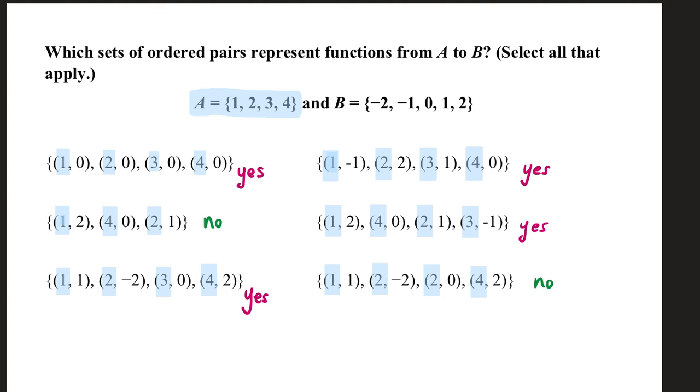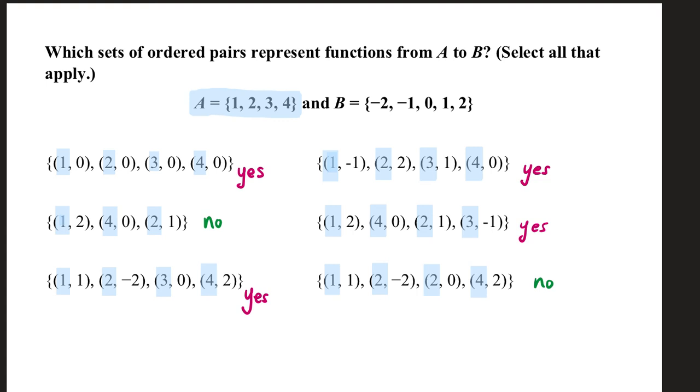Left side middle set, 1, 2, we don't use the 3, so no, that set of ordered pairs does not represent a function. Middle row right side, 1, 2, 3, 4, they're all used and they're only used once, so yes.